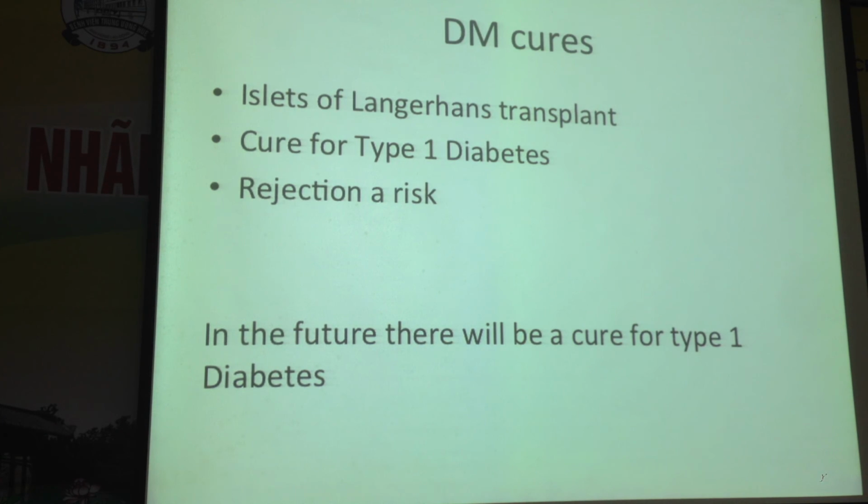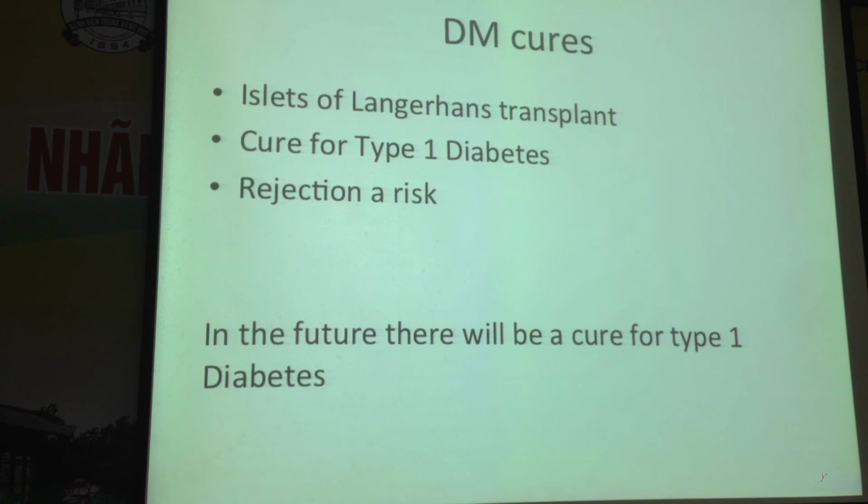Final point is the diabetes mellitus, DM, cures. Some promising studies are being done right now on islet transplantation, more for diabetes type 1. With a transplant, the risk of rejection is quite severe.